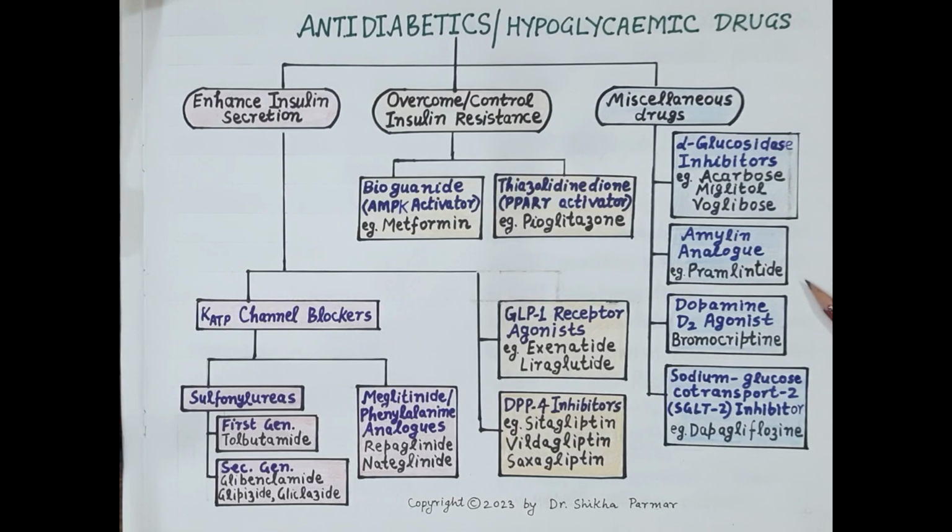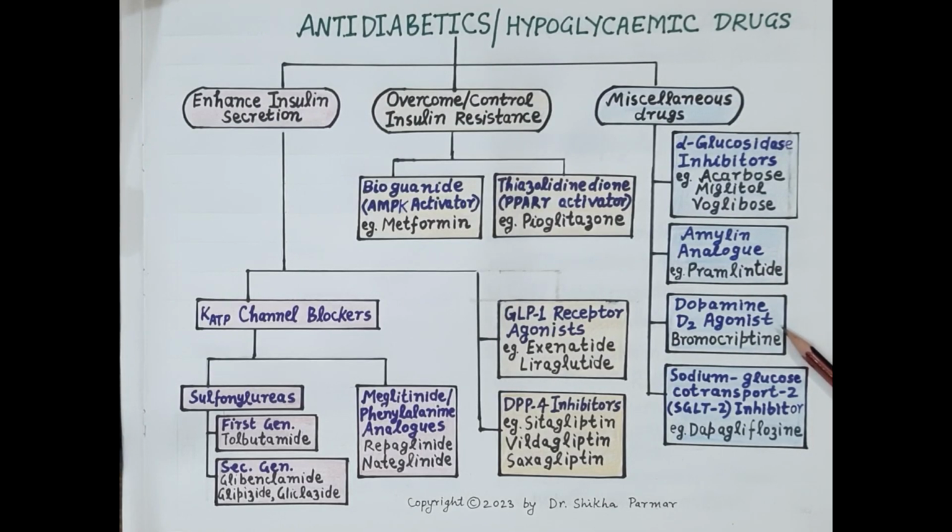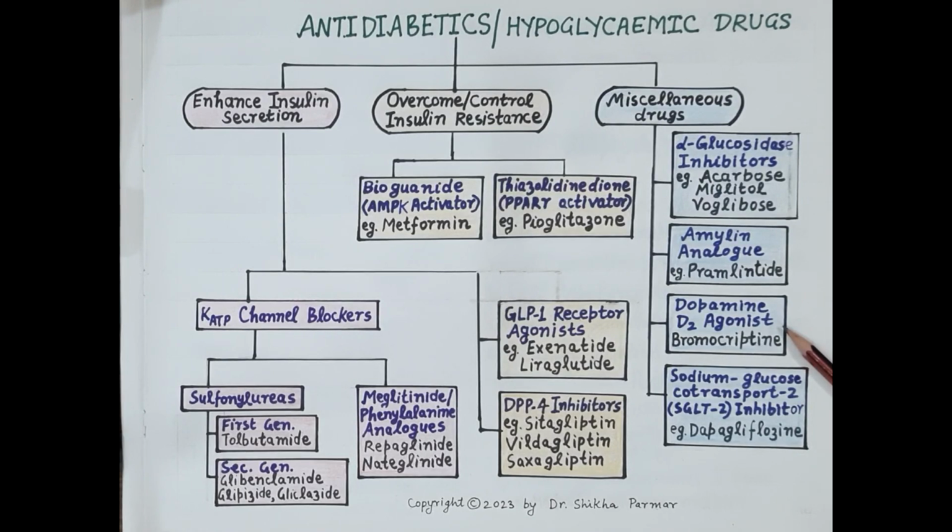It is administered subcutaneously along with mealtime insulin and improves glycemic control in type 1 and also in advanced poorly controlled type 2 diabetes mellitus. Another class is dopamine D2 agonist. The drug is bromocriptine. Bromocriptine can be used as a supplement with other antidiabetic drugs. It also reduces insulin resistance.